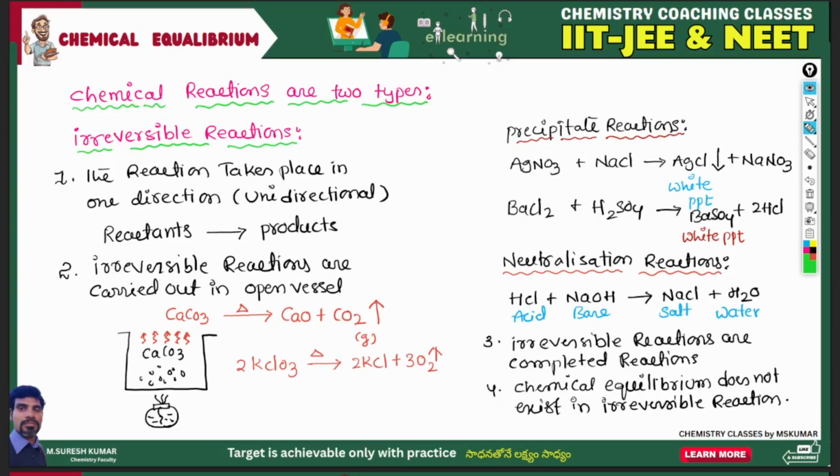So this is information regarding irreversible reactions. Most of the natural phenomena, the natural reactions, are irreversible in nature. Rusting of iron. Once iron gets rusted, it never can get back to original iron again. Digestion of food. Once food is digested, it never can come back to original food again.